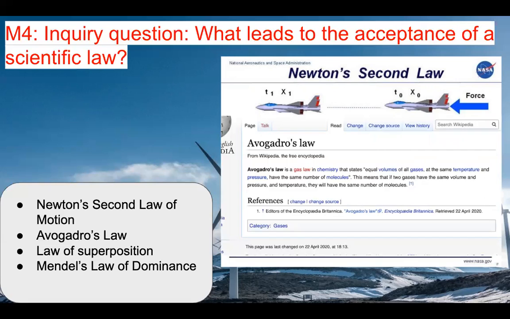Avogadro's law, the main thing there is that if you have a volume of gas at the same temperature and the same pressure, there'll be the same number of molecules in there. So it's just standard temperature and pressure gas laws. And when you do some stoichiometry, when you do chemistry, that'll be fun for you.